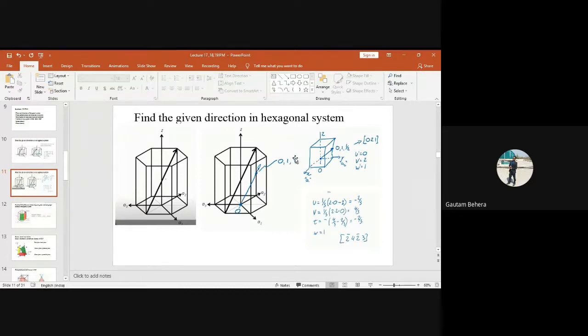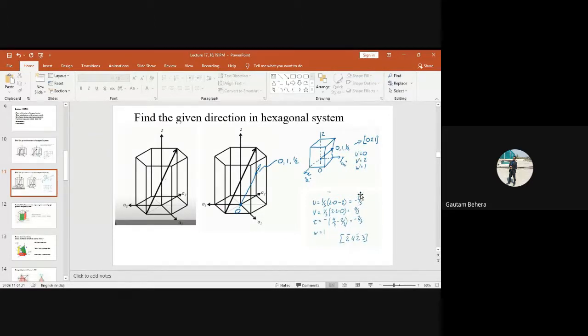Now since this is a fraction, you need to convert the fraction into integer, right? So I will multiply with 2, so it will become 0 2 and 1, right? So this is the three coordinate system now, 0 2 1. So 0 is U dash, 2 is V dash, 1 is W dash. Now you convert this three coordinate system into four coordinate system, right? So after putting the formula, you'll get this thing, 4 by 3, minus 2 by 3, 4 by 3, minus 2 by 3, and 1, right?